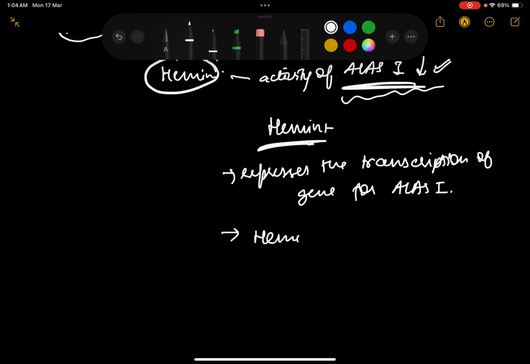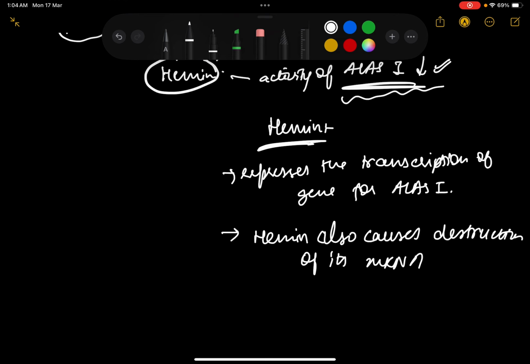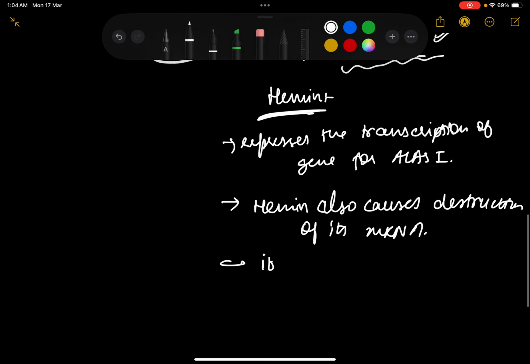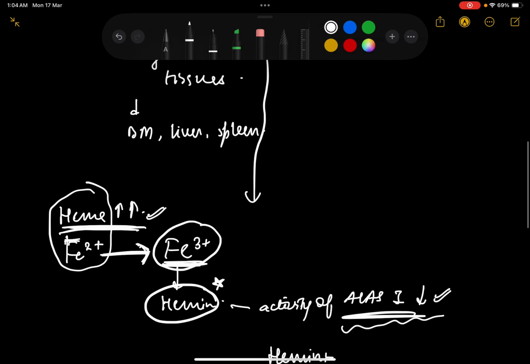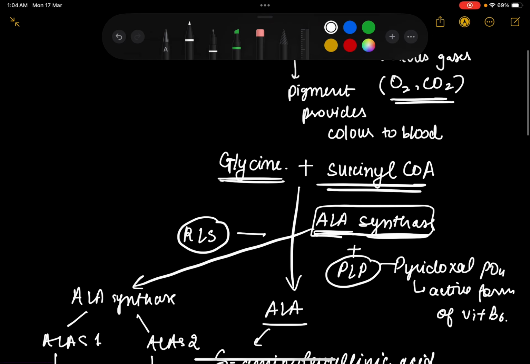Hemin also causes destruction of its mRNA. It also inhibits the transport of the enzyme into the mitochondria, which brings me to the point that this synthesis, the first step, starts in the mitochondria.